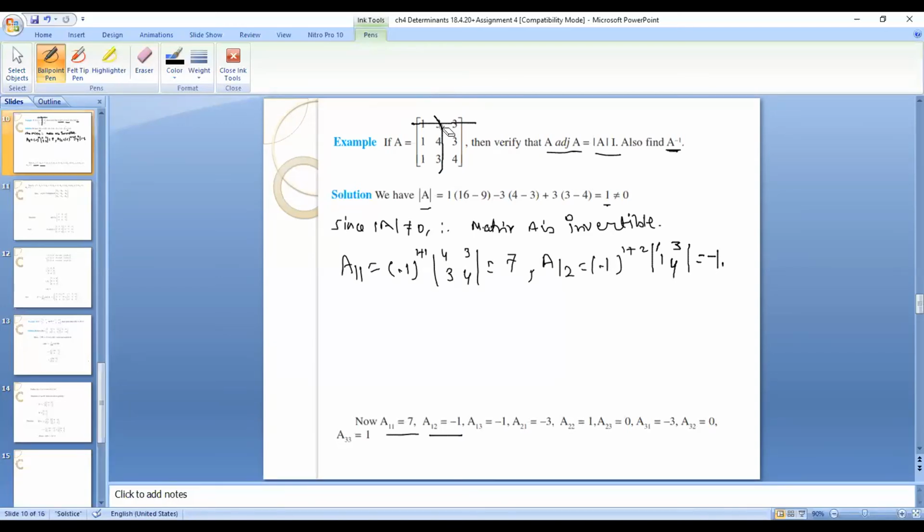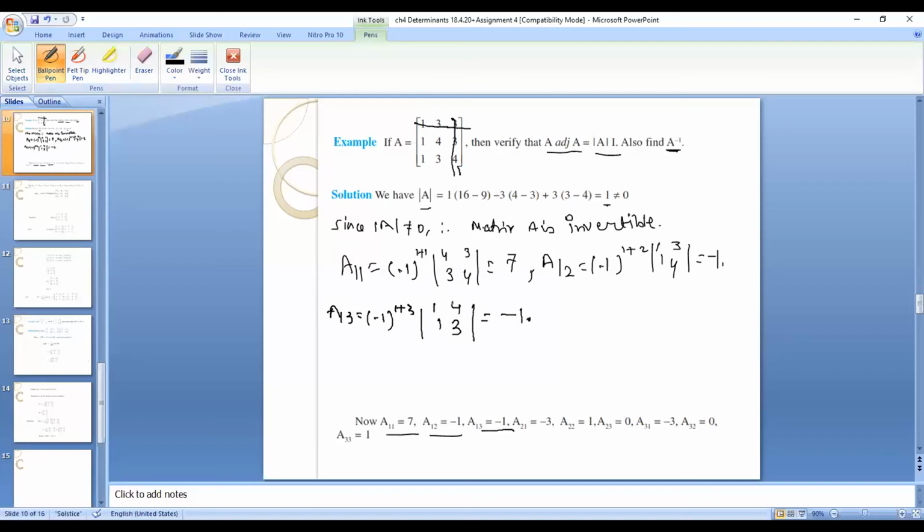Then we will find A13. A13 is equal to minus 1 raised to power 1 plus 3, hiding the first row, third column, 1, 4, 1, 3. So it will be 3 minus 4, minus 1, into plus 1, minus 1. So A13 will be minus 1.